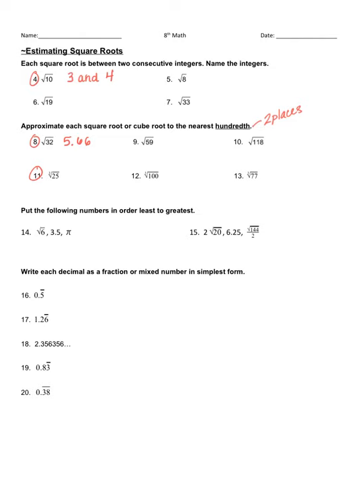I'm messing that up, I think. Whoops. Okay, so I'm sorry. For the cube root of 25, I'm getting 2.92.